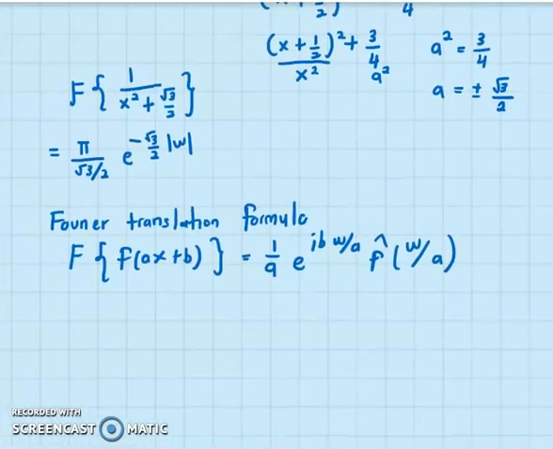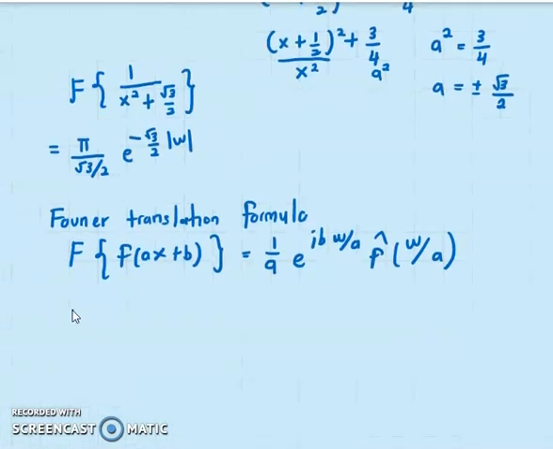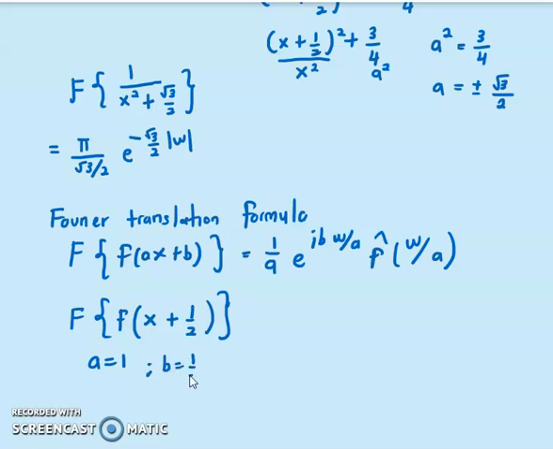Now what we want to find is the Fourier transform of f of x plus half. So that means my a is 1 and my b is half.